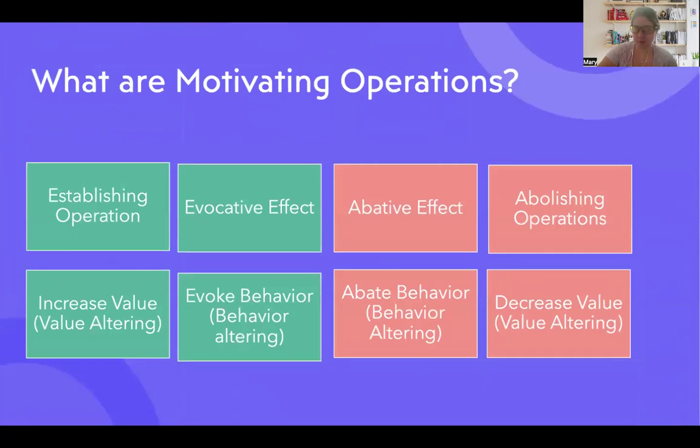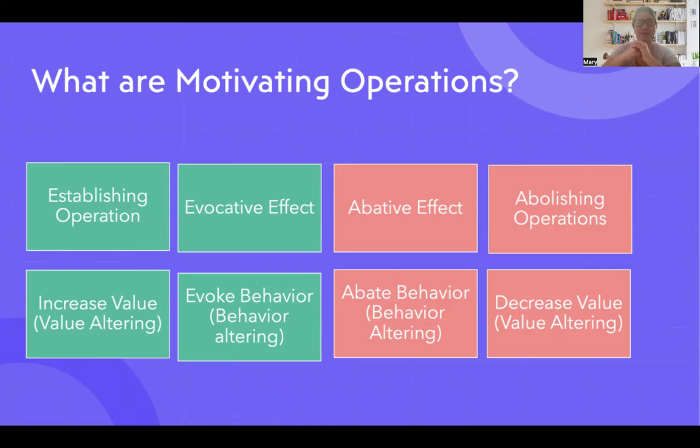So what are motivating operations? We have the establishing operation and the evocative effect, which means the establishing operation evokes a behavior, increases the value of the consequence, and increases the behavior.